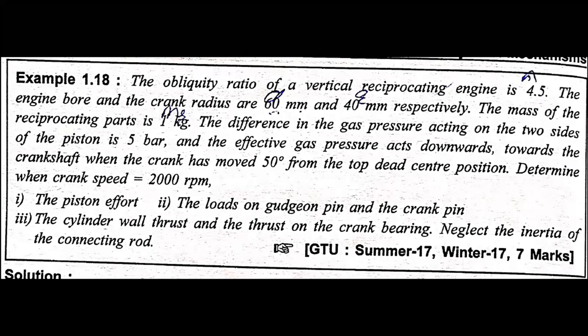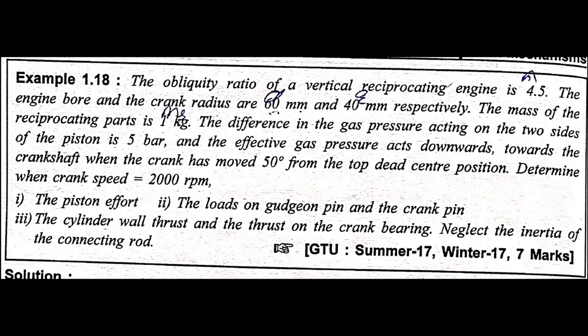Okay. The next question: the obliquity ratio of the vertical reciprocating engine is 4.5. The engine bore and the crank radius are 60 mm and 40 mm respectively. The mass of the reciprocating parts is 1 kg, and the difference in the gas pressure acting on the two sides of the piston is 5 bar, and the effective gas pressure acts downwards towards the crankshaft when the crank has moved 50 degrees from the top dead center.